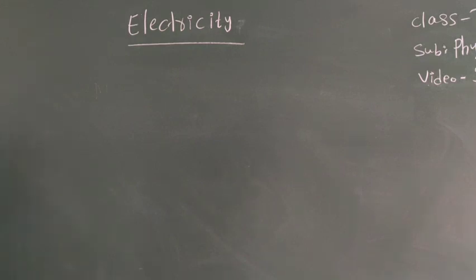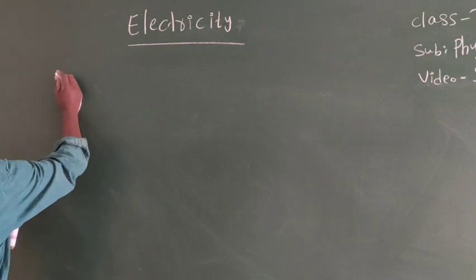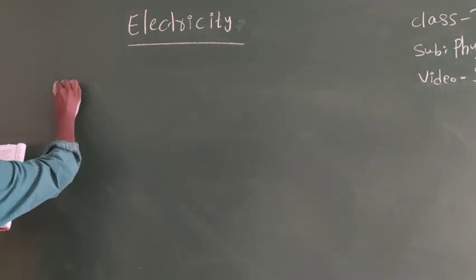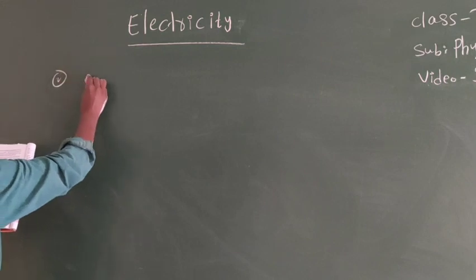Okay, here 100 watts. How many bulbs are there? 100 watts, 4 bulbs. Total power equal to, page number 70. I will write the question.